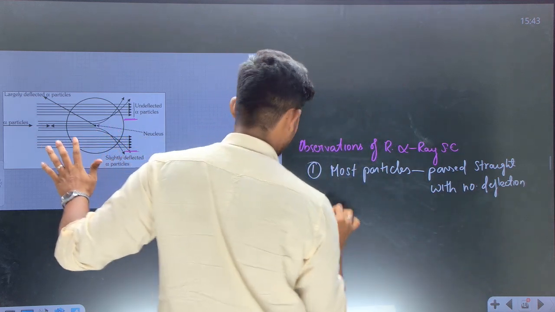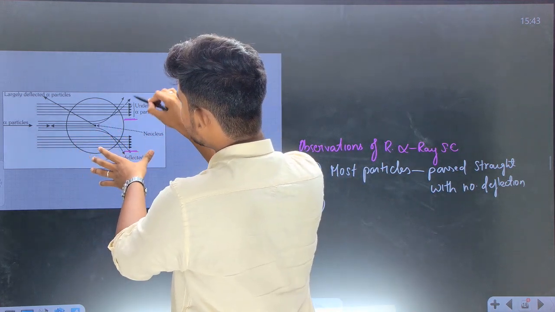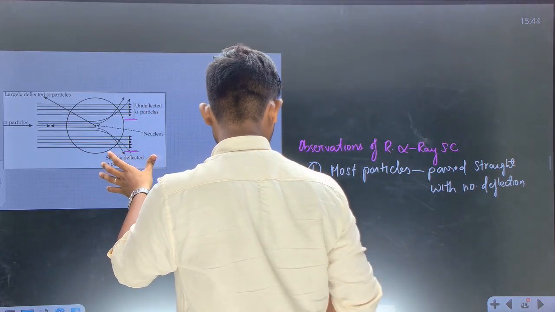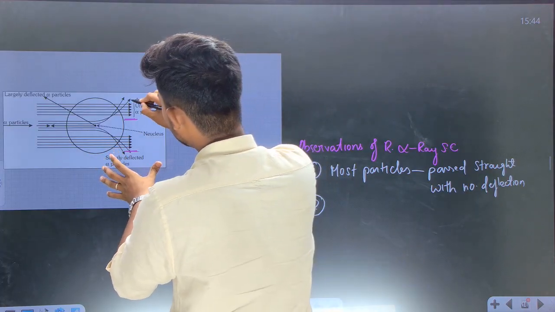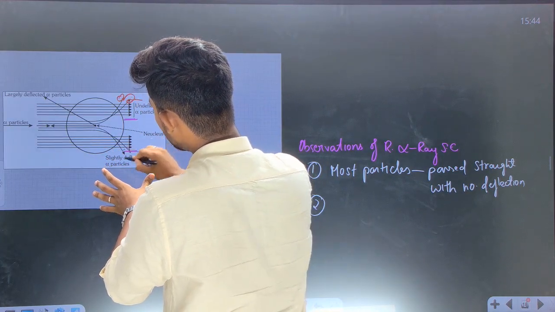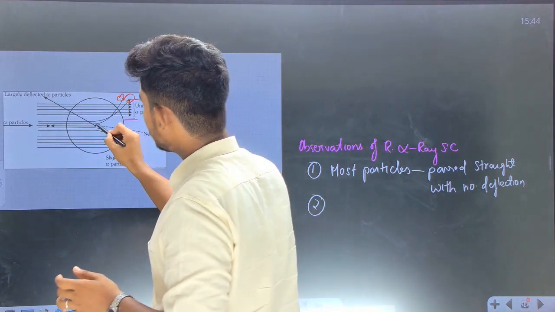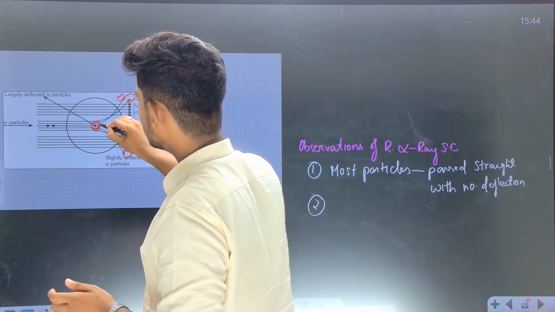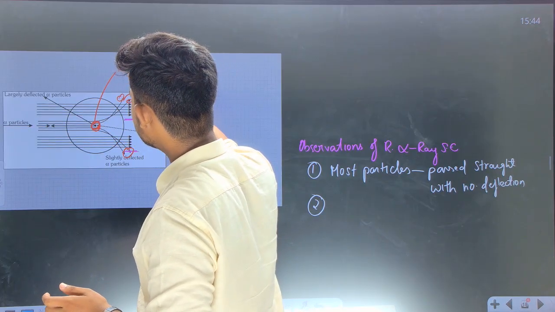His second observation, as you can see here, is that only very few particles show a little bit of deflection, because they get too close to this nucleus. So there is this one particular thing which is called the nucleus.